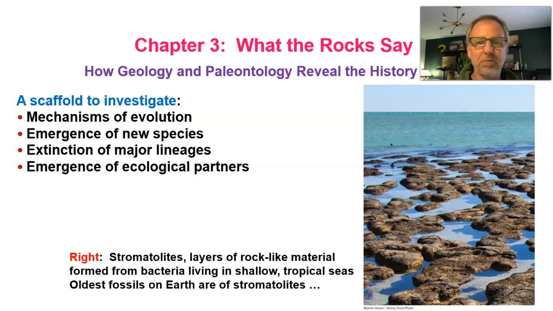These stromatolites exist in a few rare places on Earth today, but some of the earliest fossil life on Earth is of stromatolites. So these unlikely formations and unlikely creatures actually give us a window into the past for the beginnings of life on Earth.